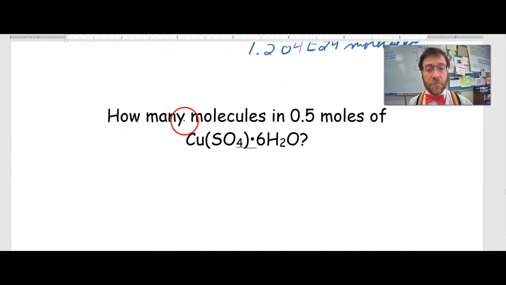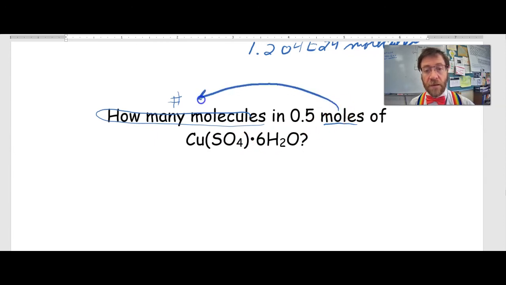All right, next. How many molecules, that's definitely numbers, are in 0.5 moles of copper sulfate? All right, so we are going from moles to numbers, and I don't know if I can do this in my brain, so I'm going to write it out.